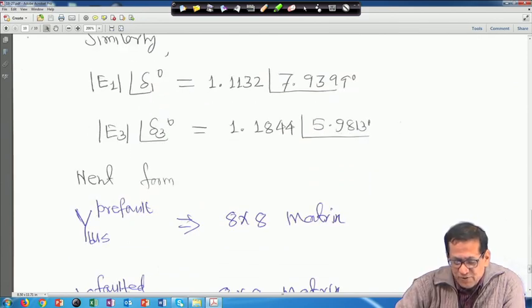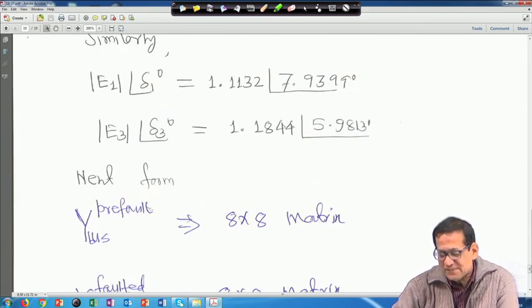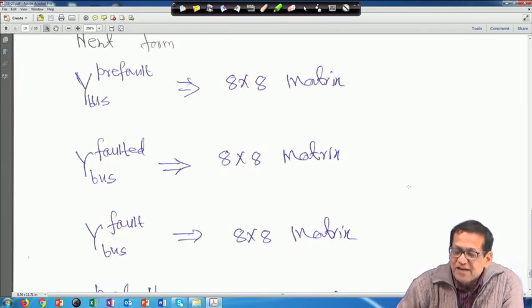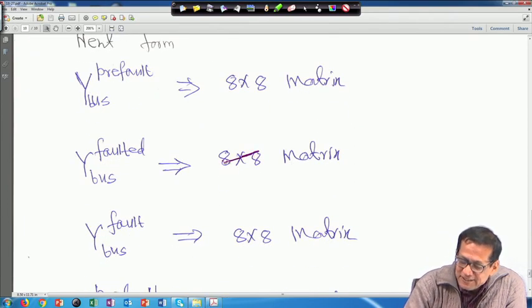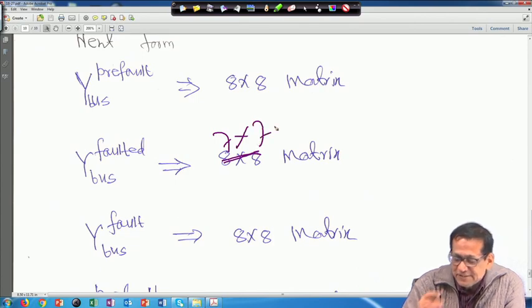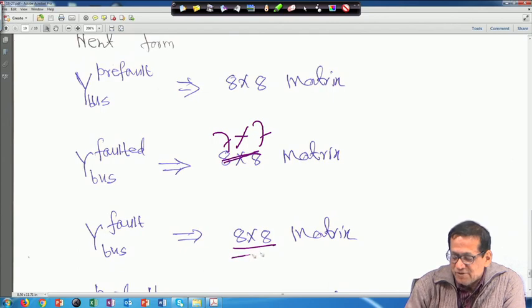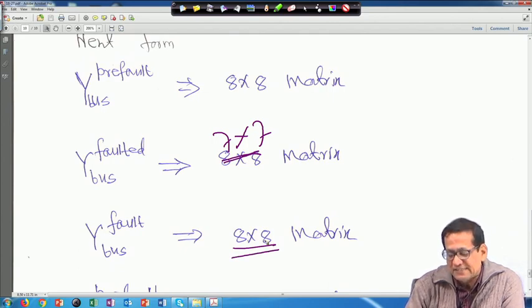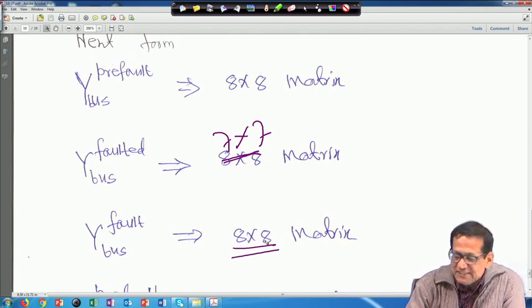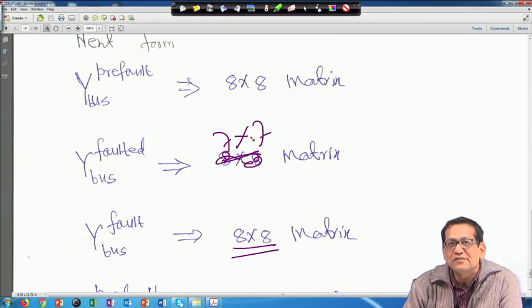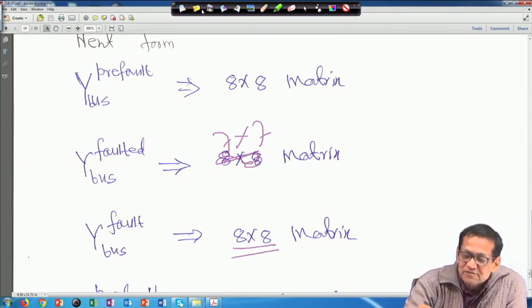Next is your Y bus pre-fault. Y bus pre-fault is an 8 into 8 matrix, and Y bus faulted actually is a 7 into 7 matrix, that we will see later. Y bus fault again will be 8 into 8, because one row and column will be eliminated, so it will be 7 into 7.